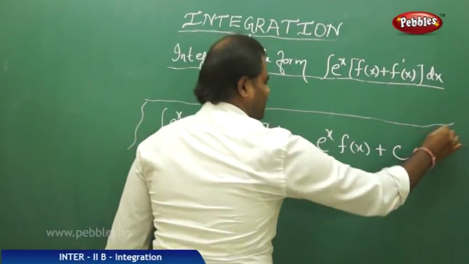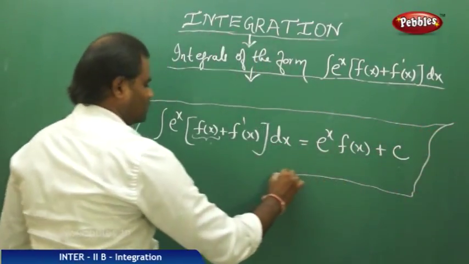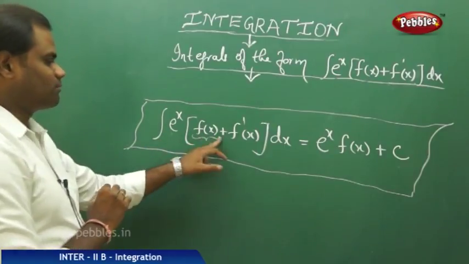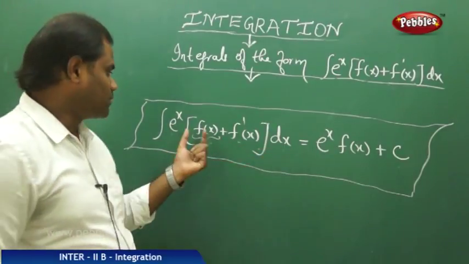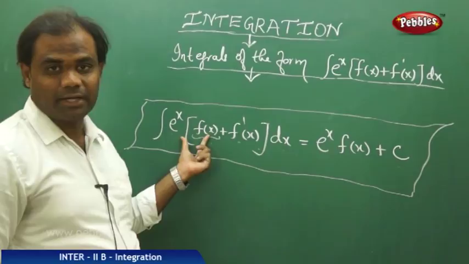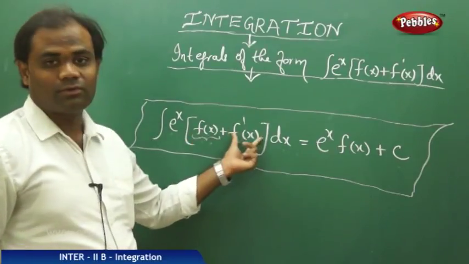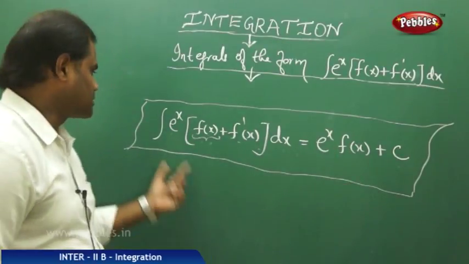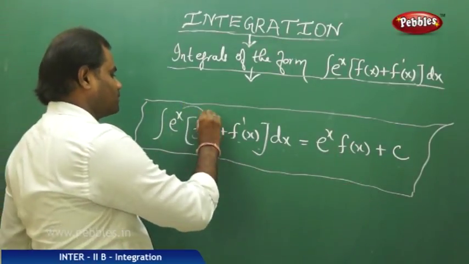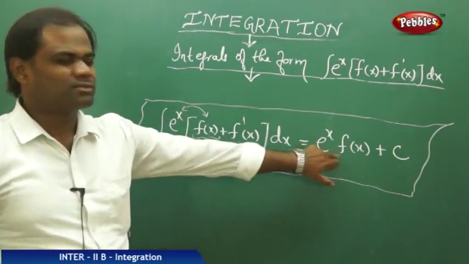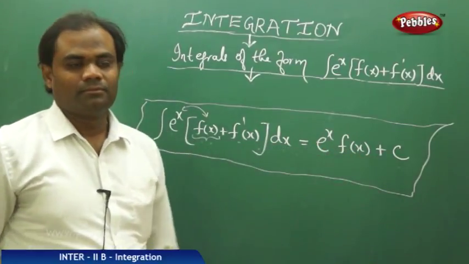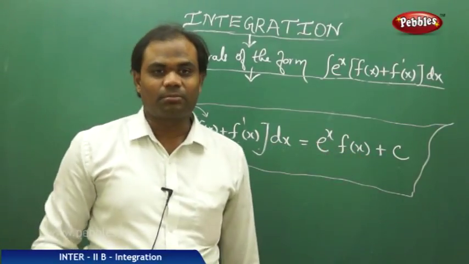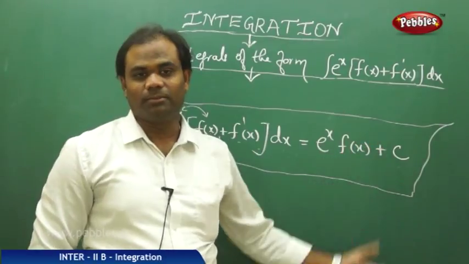So whenever we find an integral of the form e power x times f of x plus f dash x dx, if you can express these two terms inside the bracket as derivative of each other, then directly I can obtain the answer as e power x times that function. So let's see some example problems connected with this formula.